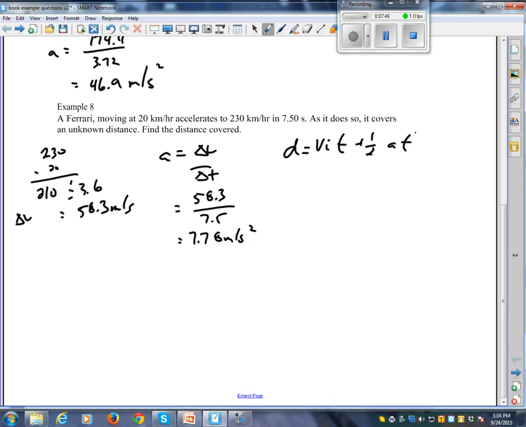There are various ways that you could solve this. Initial velocity isn't 0 here. I'd like to say I made that mistake on purpose, but I didn't. Good catch.